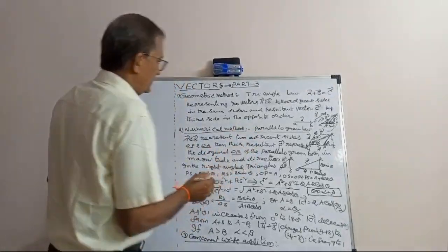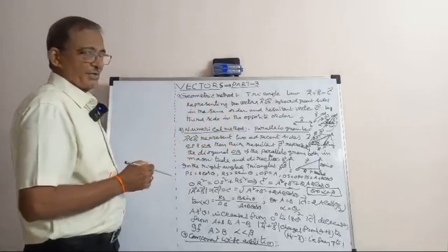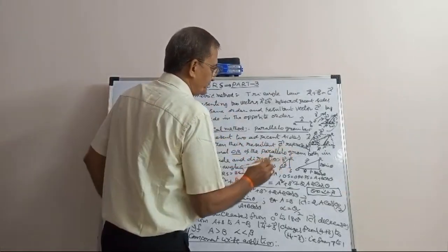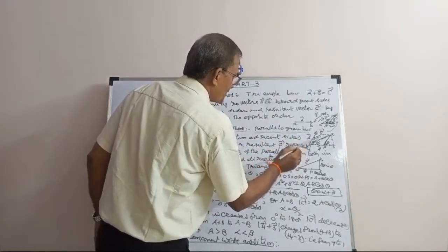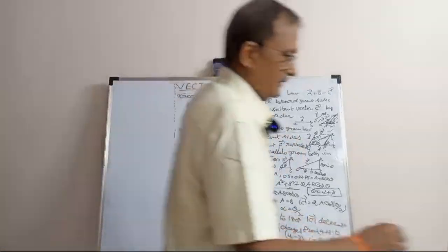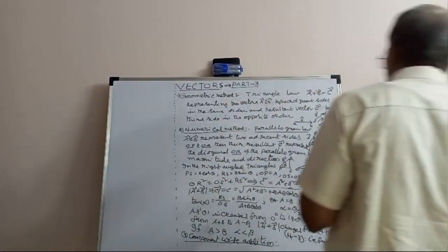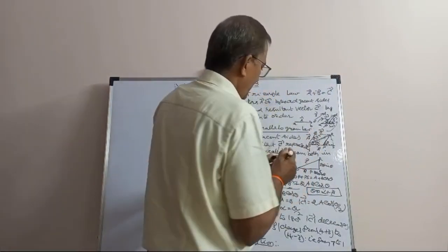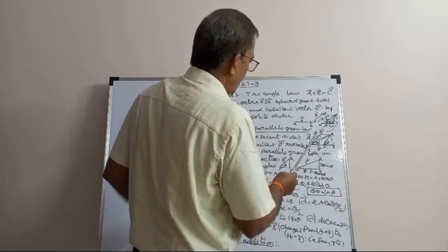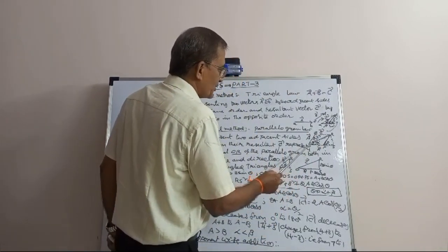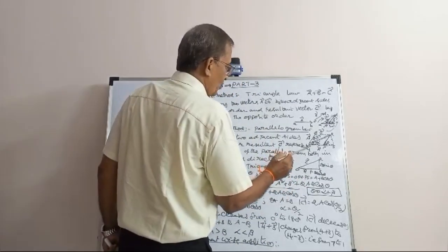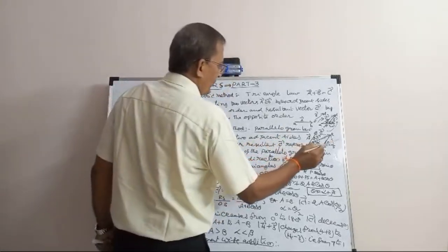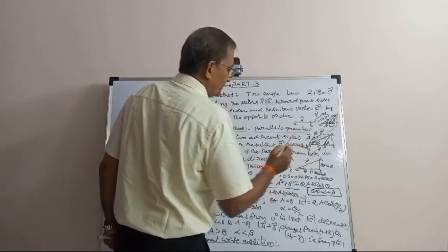So let us see the parallelogram of addition. If two vectors A bar and B bar represent the two adjacent sides of this parallelogram, the adjacent sides are OP and OQ. Then the parallelogram is completed, OPRQ.